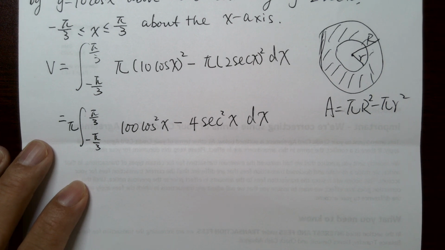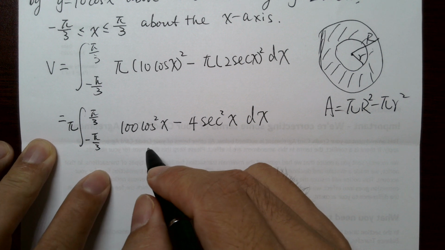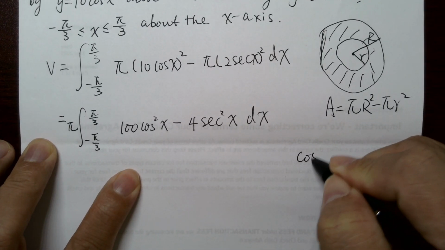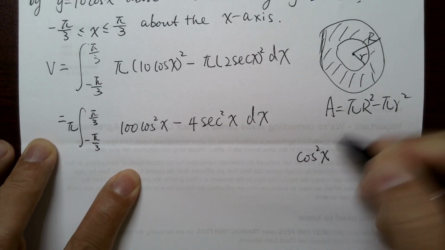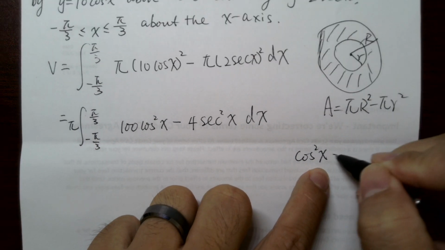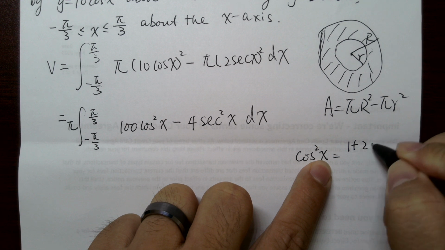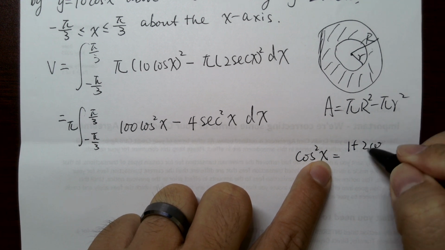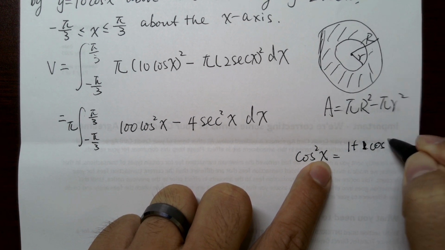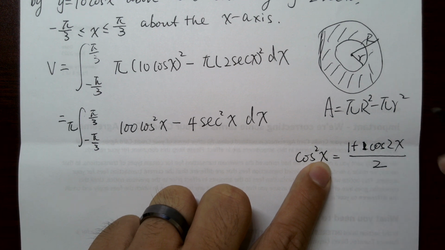Okay, so now we just need to do some small simplification, because there are some identities we're going to use. Cosine squared x equals (1 plus cosine of 2x) over 2.